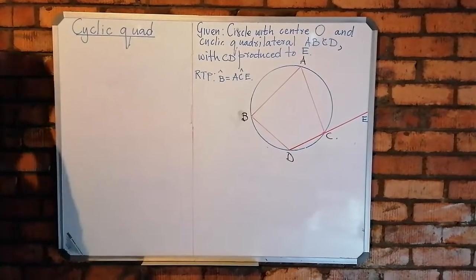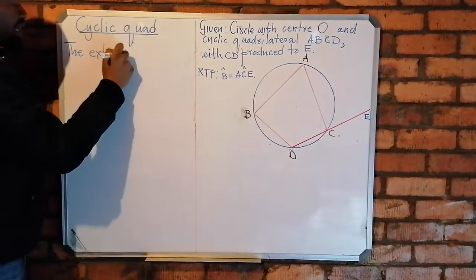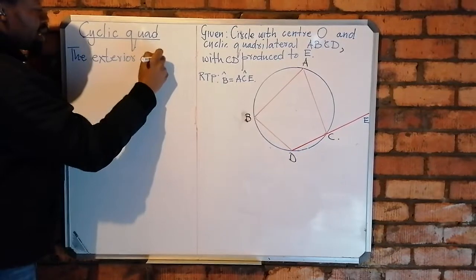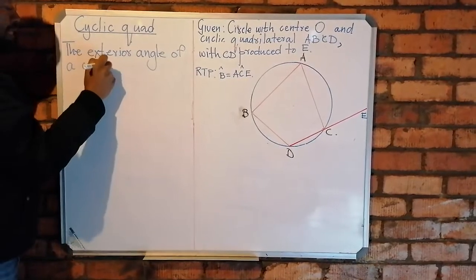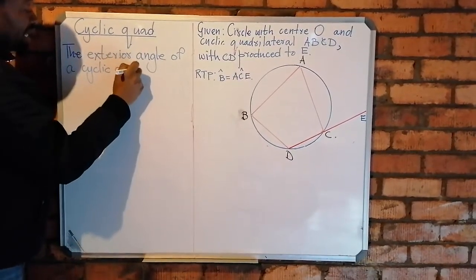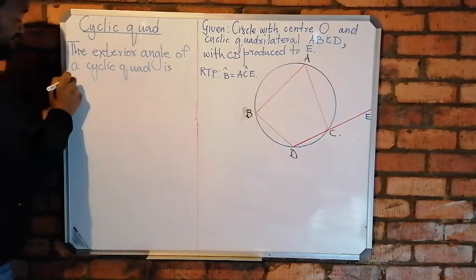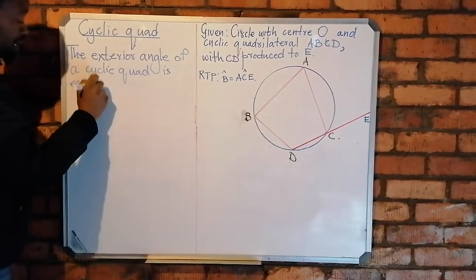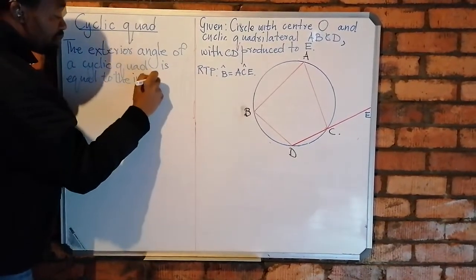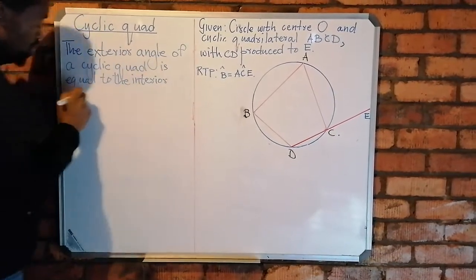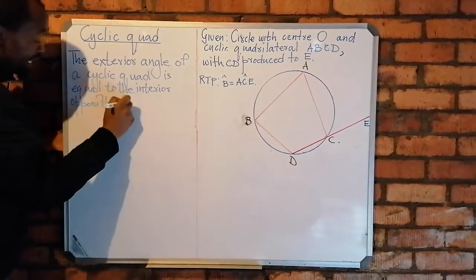And the theorem states that the exterior angle of a cyclic quadrilateral is equal to the interior opposite angle.